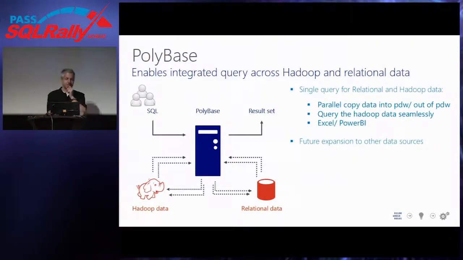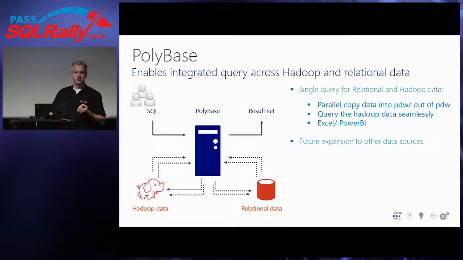What we added to PDW is a feature called PolyBase, and it was developed by Dave DeWitt from the Gray Labs. The first couple of versions he threw away. And this version, PolyBase, I really love it, because the way it works is very simple. In PDW, you can create an external table.